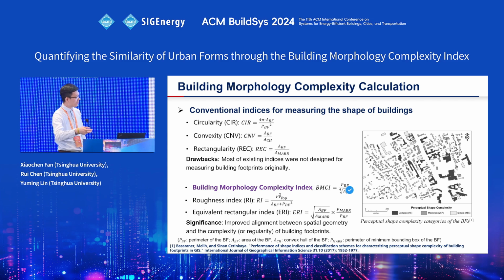It is already actually developed by other researchers, and we compare this series of different indexes, and we focus on the alignment between spatial geometry and the complexity or regularity of building footprints, because we think shape is more important regarding the complexity of a building.